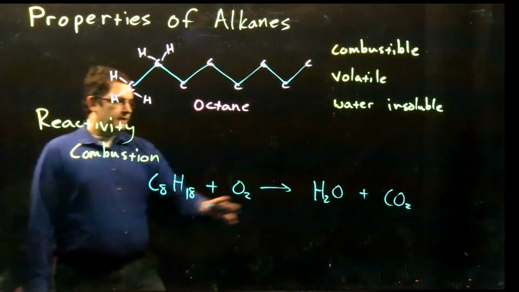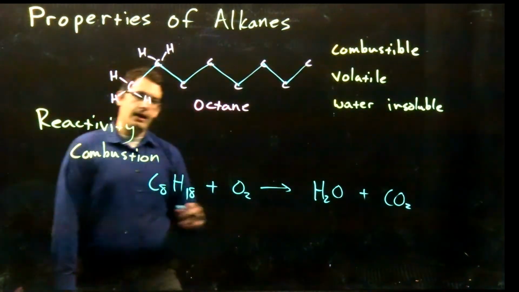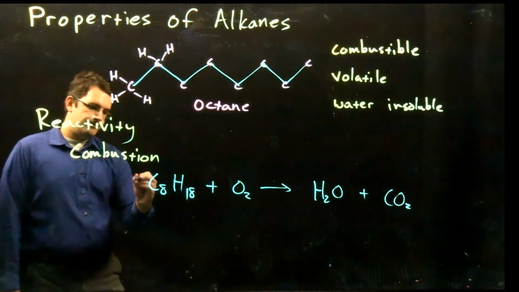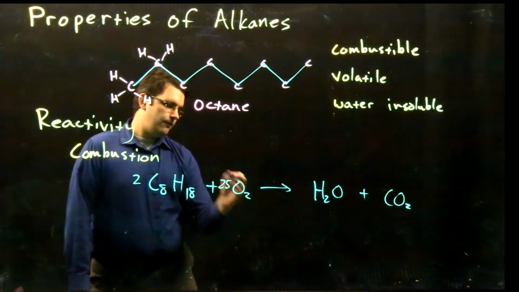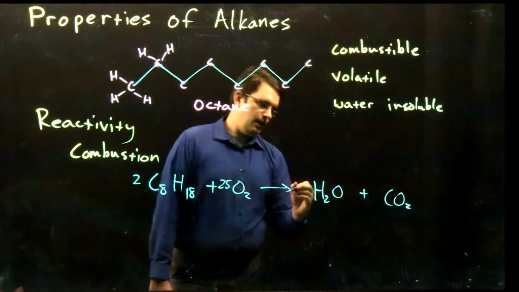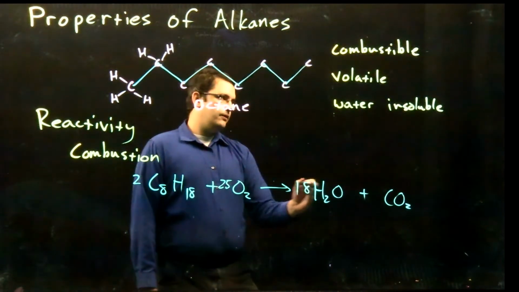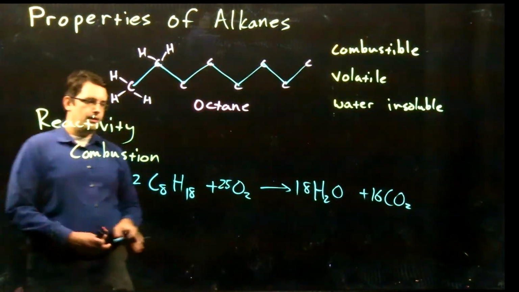Now, of course, this is our unbalanced chemical equation. We can balance it just by adding our stoichiometric coefficients to have the correct numbers of atoms on either side. I would put a 2 here and 25 here. And I'm going to produce 18 water molecules and 16 carbon dioxide molecules.